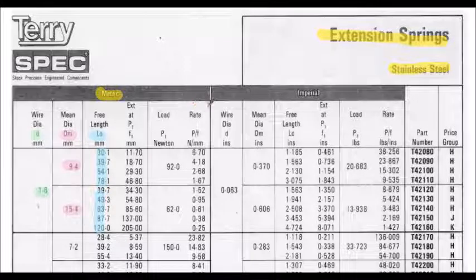And what is termed the spring rate here is actually the spring stiffness, denoted as P divided by F in this particular catalogue, having the units of newtons per millimetre. So here is the array of various spring stiffnesses.